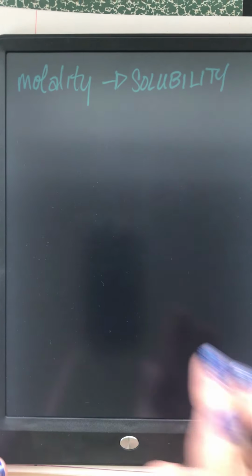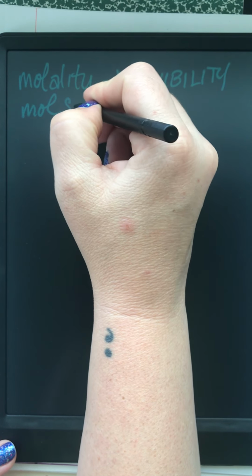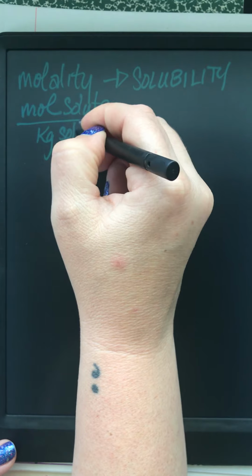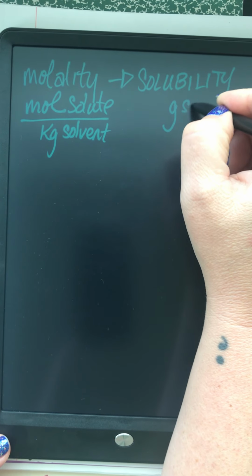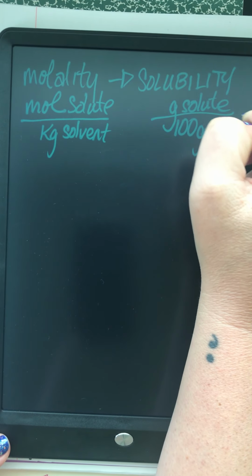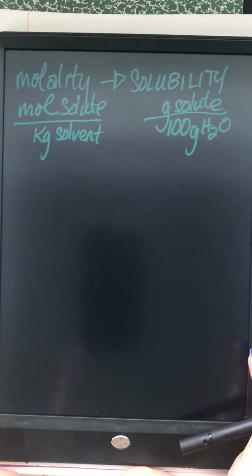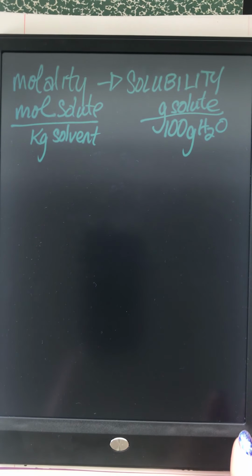Molality again is moles of solute per kilograms of solvent, and the solubility is grams of solute per 100 grams of H2O. So this is definitely a problem you guys are going to see on the exam. Not on a quiz, but definitely on the exam.